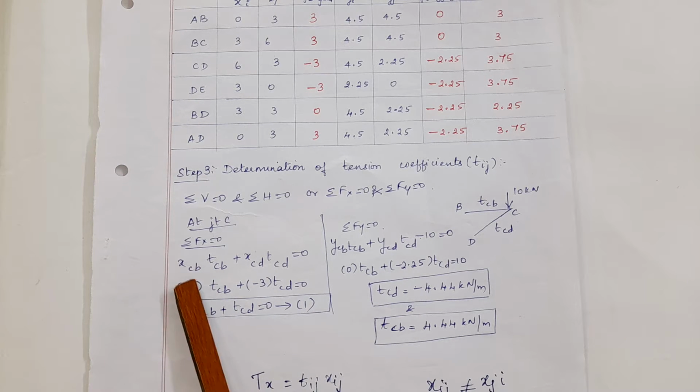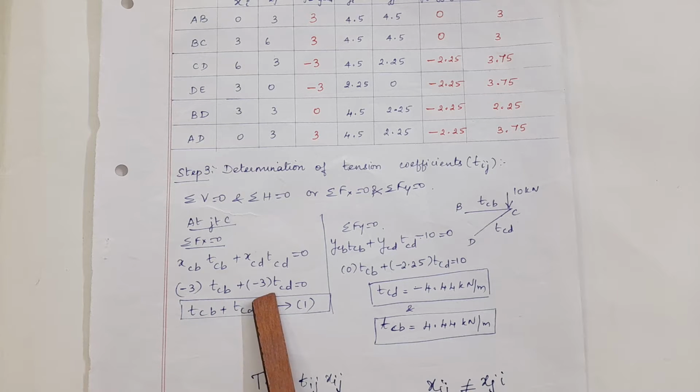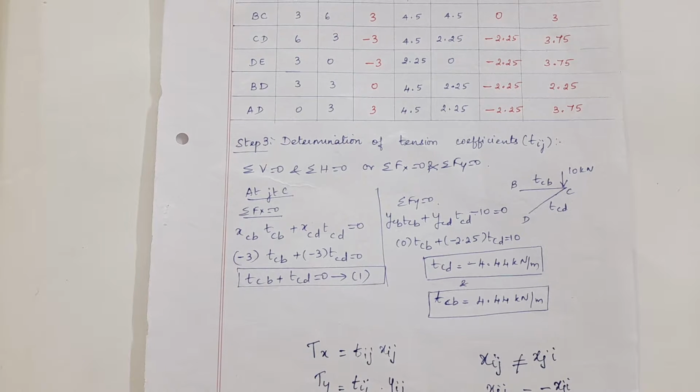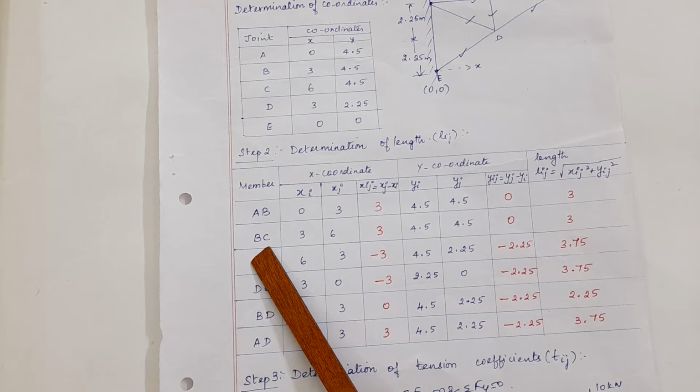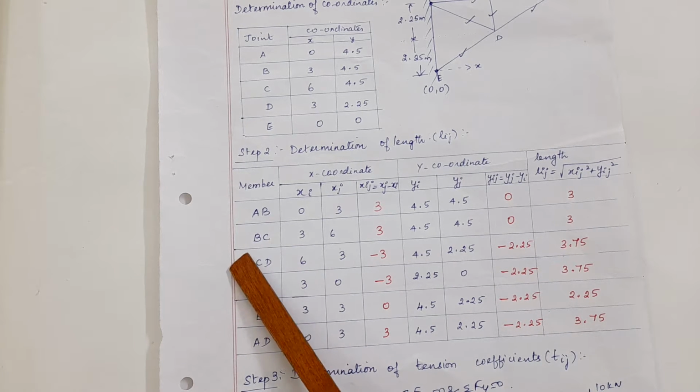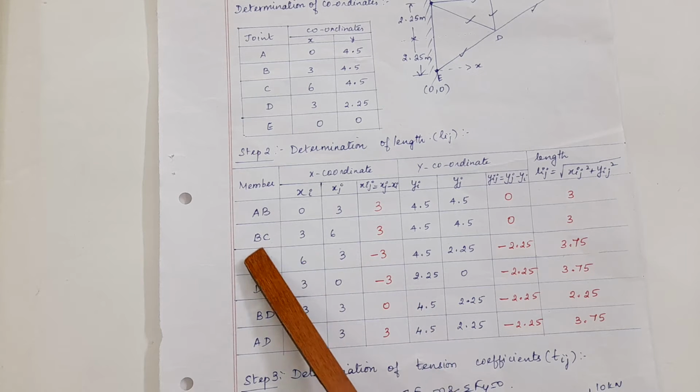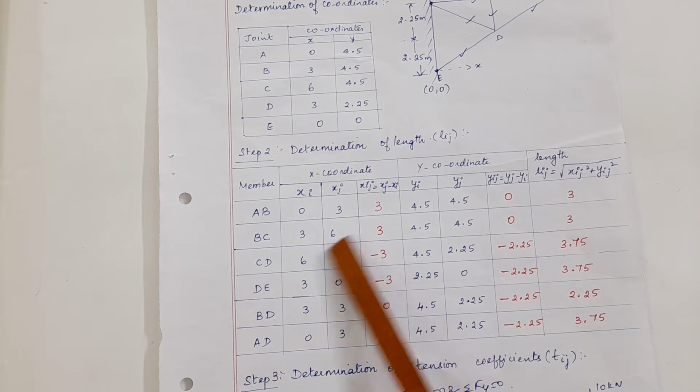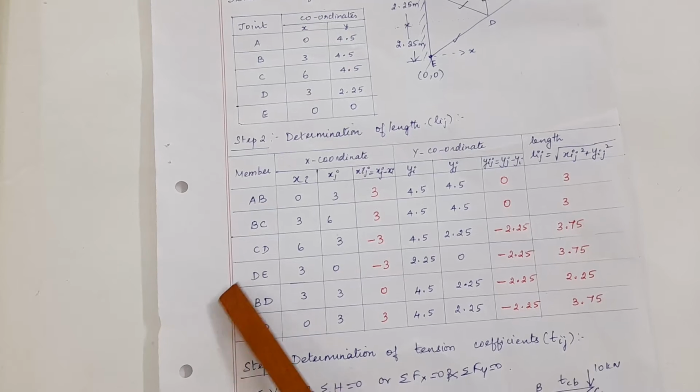So here I have x coordinate of CB, T_CB, plus x coordinate of CD, T_CD. I can go to the tabulation to check the value of Xij. For BC I have the value 3.